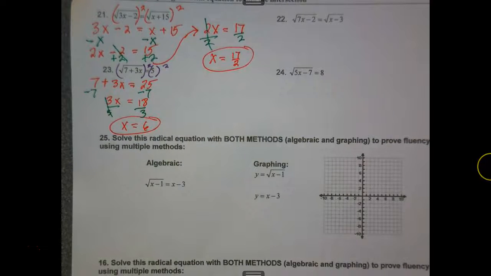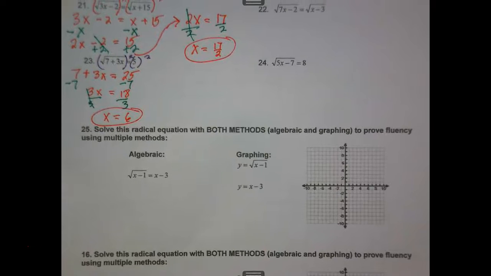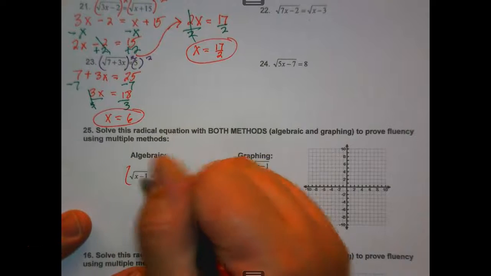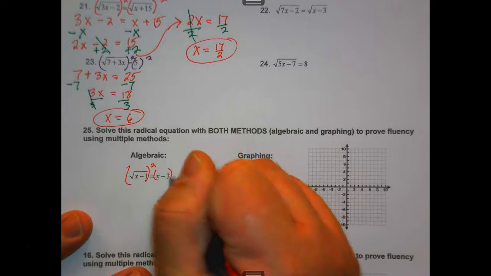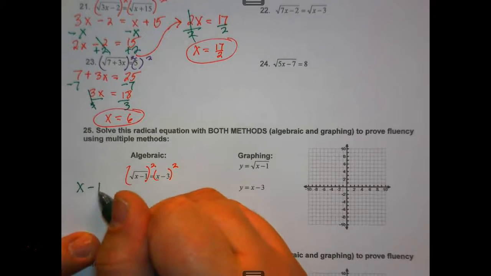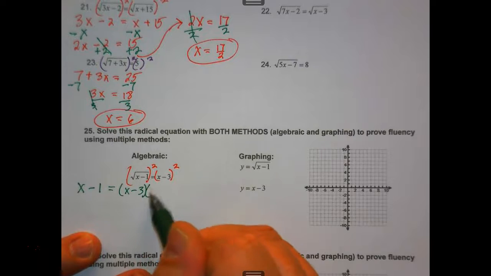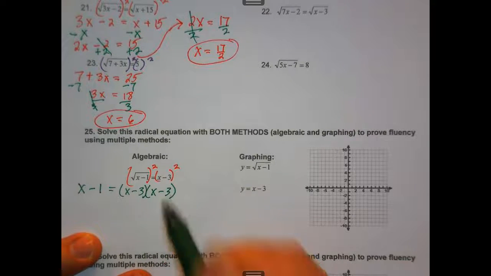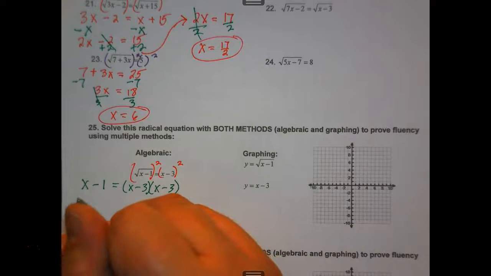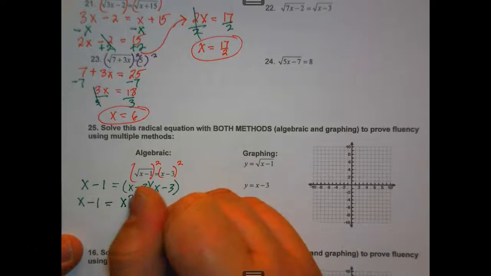Number 25. We're supposed to solve this algebraically and graphically. Okay, I'm going to square both sides. I get x minus 1 equals x minus 3 times x minus 3. I can FOIL that. x times x is x squared.